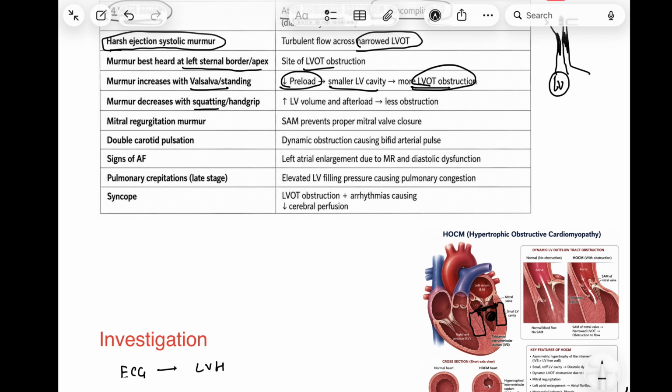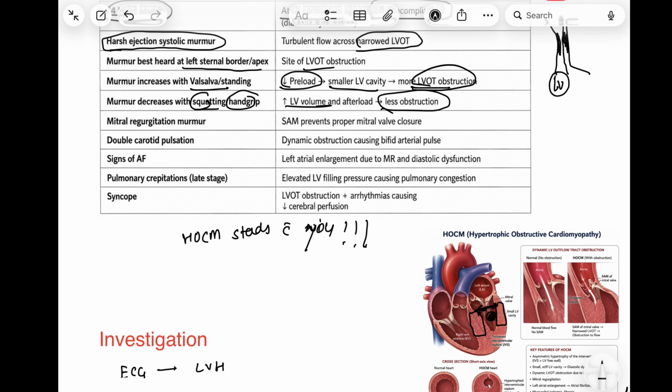So whenever you stand, the HOCM stands with you. You can remember this: HOCM always stands with you and it always sits with you, right? So squatting and hand grip are associated with increased preload, which results in lesser obstruction.